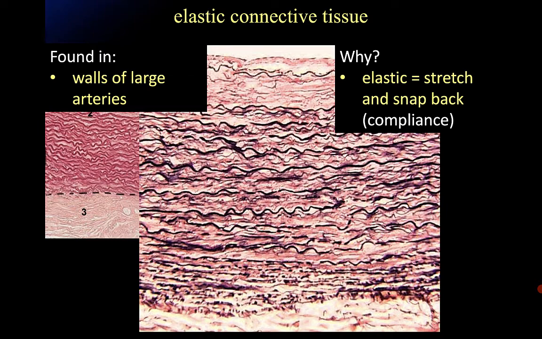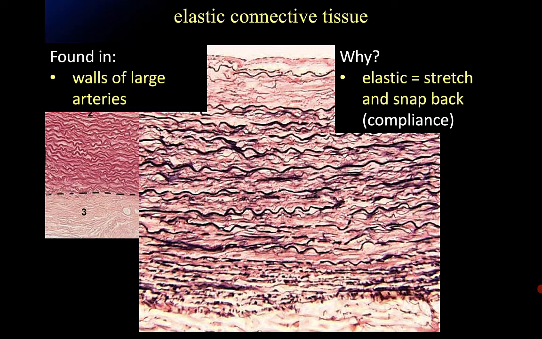Now, when you think about that, if your ventricle contracts, you're going to force blood from your ventricle into the large arteries that are near your heart, and they are going to need to stretch as that pulse of blood travels through that. And once the pulse has gone past, they're going to kind of return back to a smaller diameter, and that's going to help the blood continue to move towards its destination.